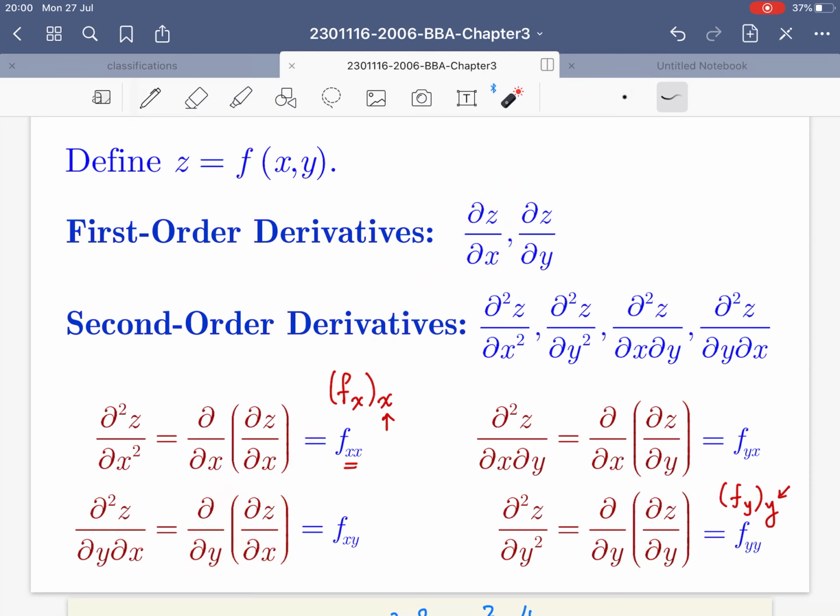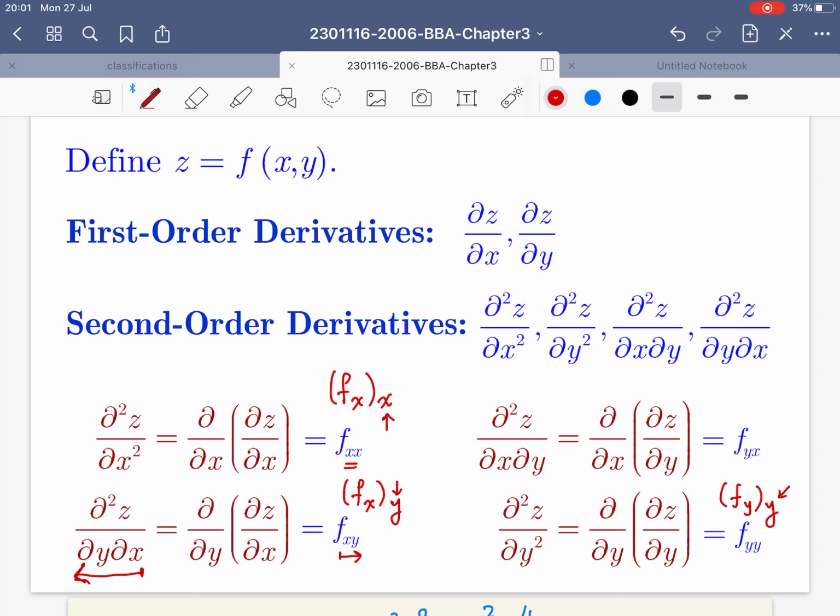So it means that the order of calculation is from inside to outside. However, if you use the subscript notation, you're going to put the following derivative at the end of your function. So this one is f sub xy. So it means that the order of finding the derivatives is from left to right. From in to out, something like that.